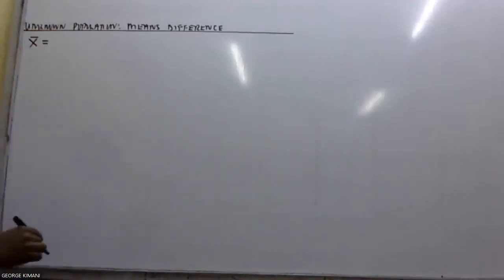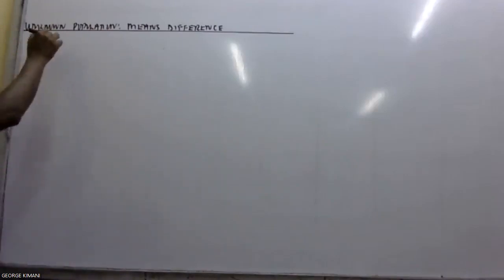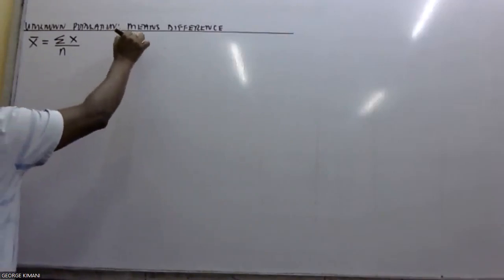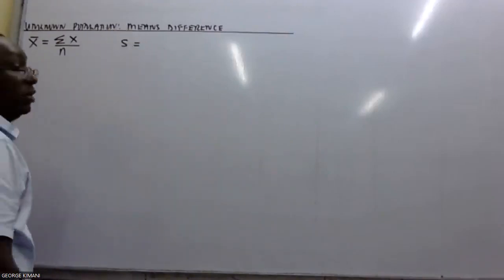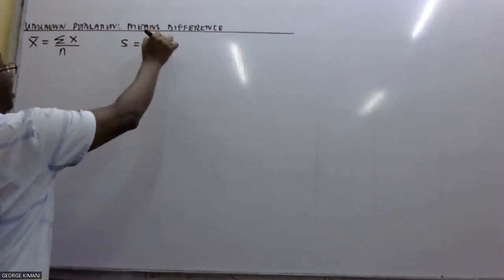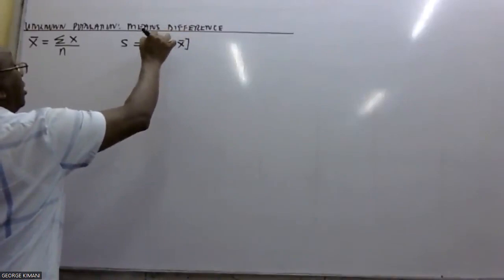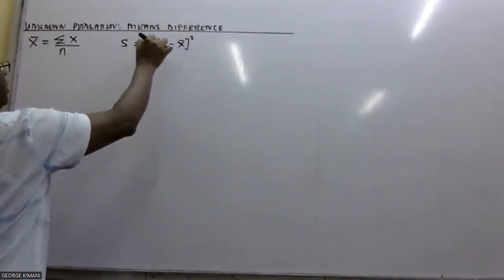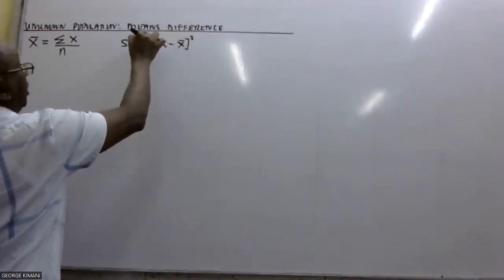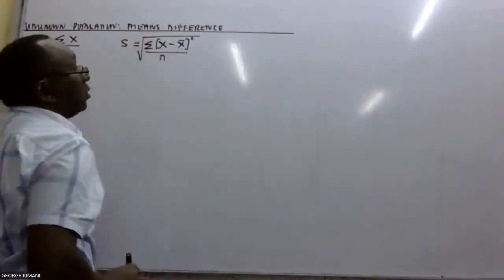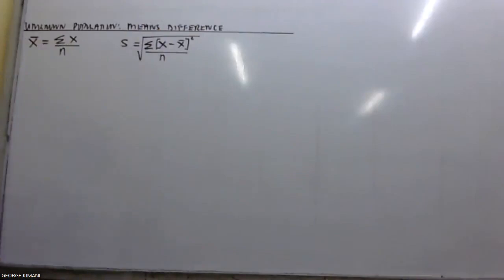Because this data is ungrouped, the mean is given as sum of x divided by n. We will also require to get s somewhere, and s is normally given as the square root of the sum of x minus x bar, squared, divided by n.